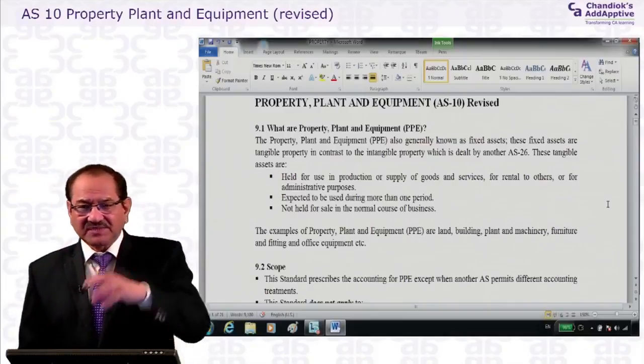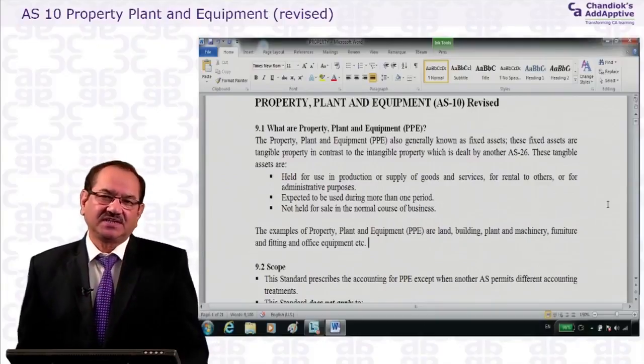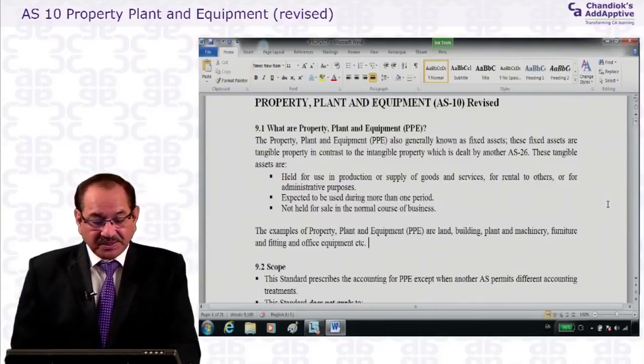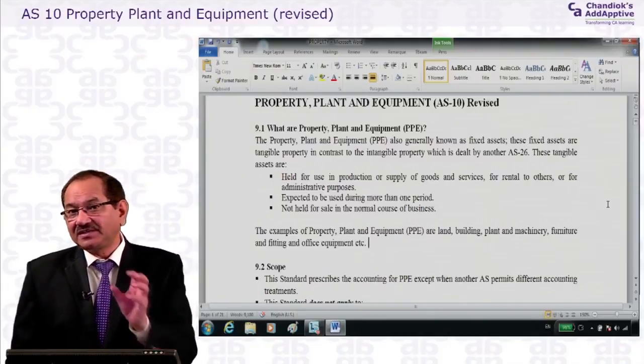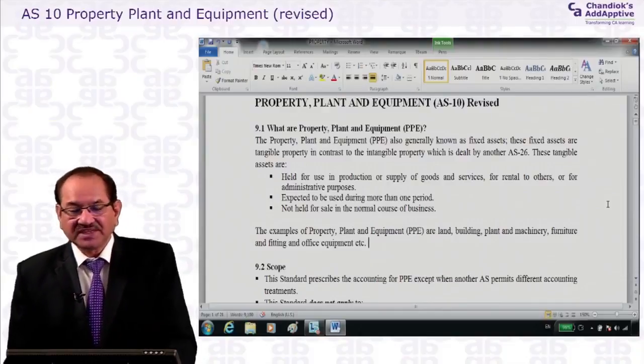If you see the definition and the description prescribed in Accounting Standard 10, it is almost the same. It says that PPE, property, plant and equipment, is also generally known as fixed assets.